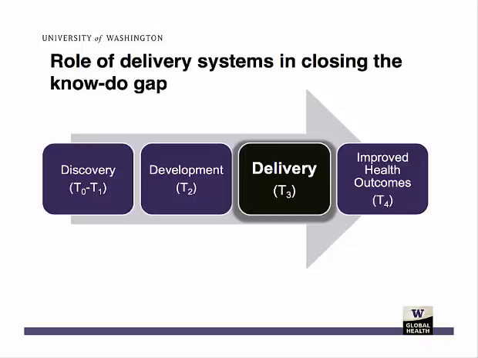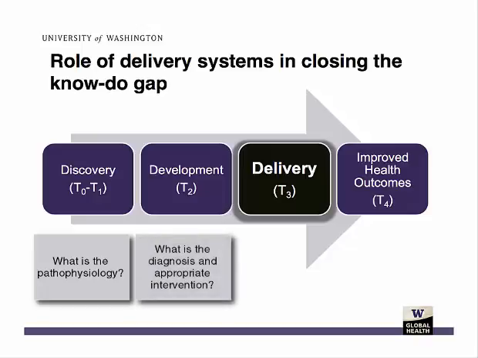At the discovery stage, the first step of translation, we're really asking questions around what is the pathophysiology, taking information from the laboratory and developing candidate therapeutics, candidate diagnostics, or candidate preventive technologies. At the stage of development, or the second step of translation, the questions we're trying to answer are related to the diagnosis and appropriate intervention.